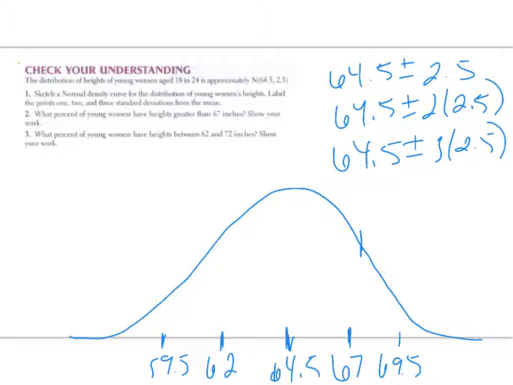So 64.5 plus and minus 3 times 2.5, which would be 7.5. So 64.5 plus 7.5 gives me 72. And 64.5 minus 7.5 gives me 57.